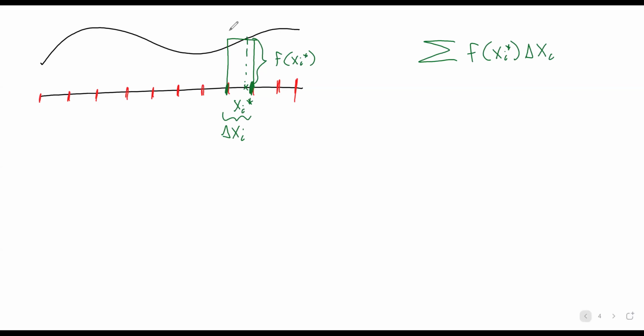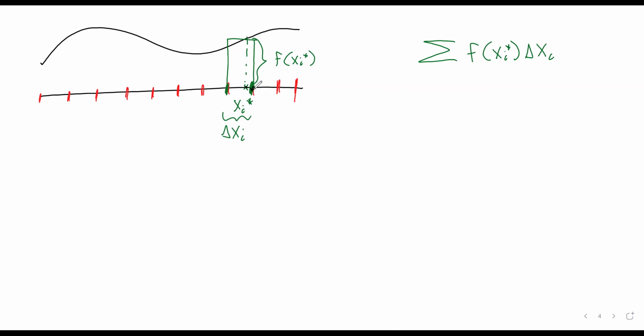And we call this a rule. It's not a rule. I'm not quite sure where that terminology comes from, but the midpoint rule is really just the observation that you see here. We selected a point that was kind of close to the edge of this interval.